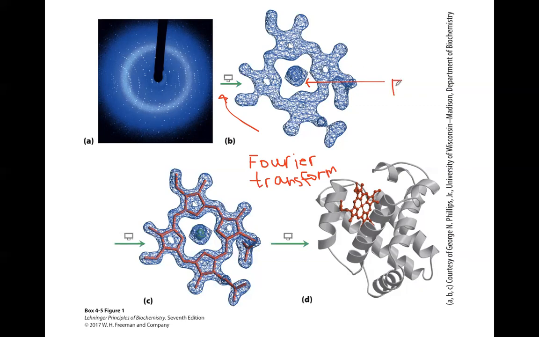This is the iron that will bind to the oxygen, as we will find out. Iron 2+. It'll bind to the oxygen. And then there are the pyrrole residues, iron with a heme, and finally, the three-dimensional structure of the protein known as myoglobin.